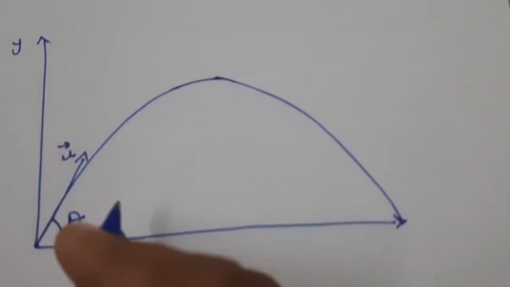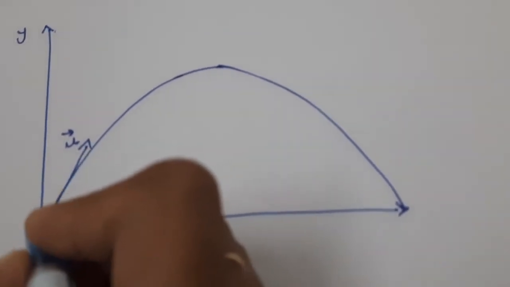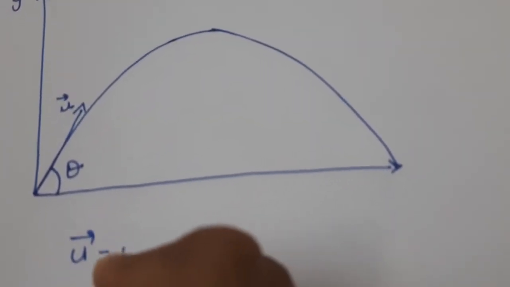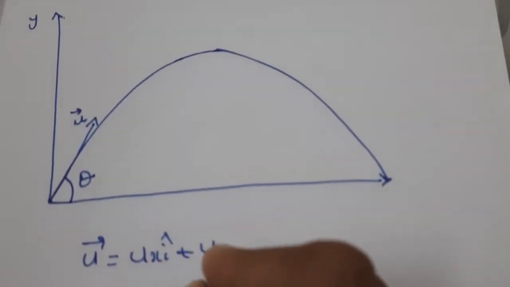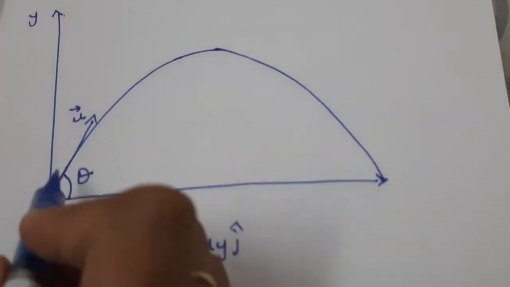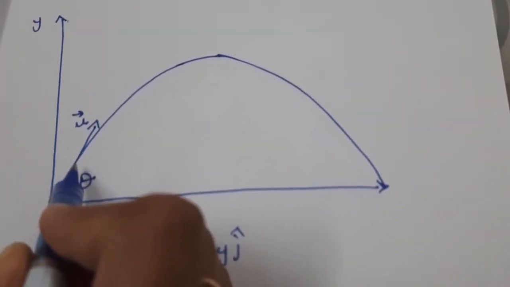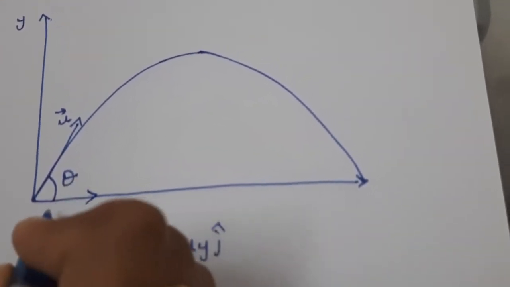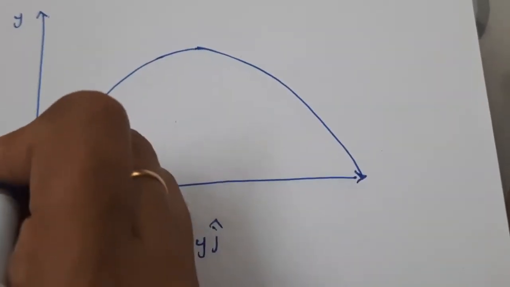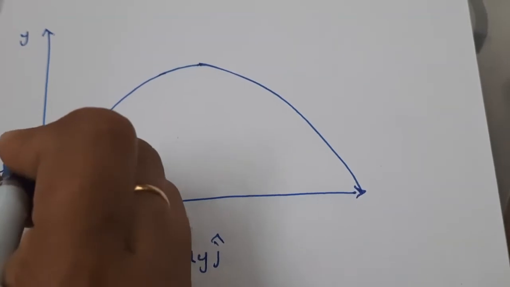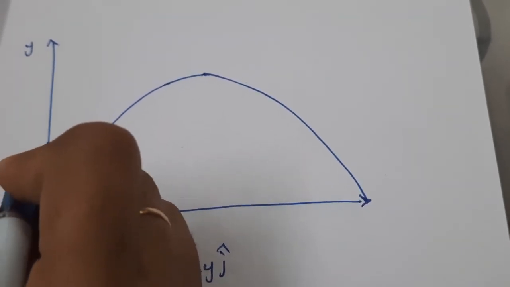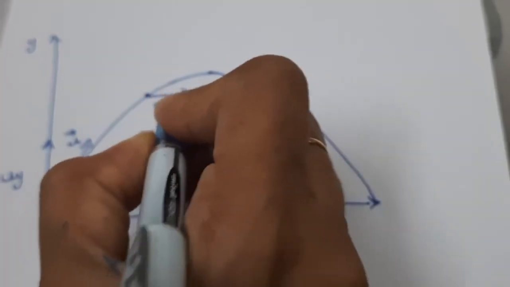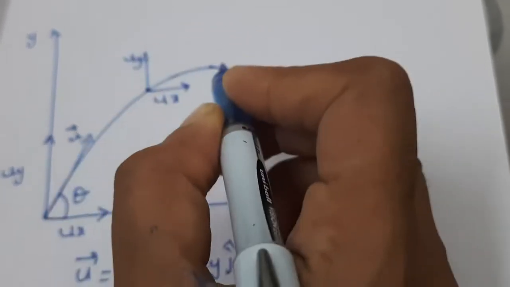Now, this initial velocity can be written as ux i cap plus uy j cap. That is, it can be resolved into two components: one along the x direction, that is ux, and another along the y direction, that is uy. At every point here, ux is acting here and uy is acting here.